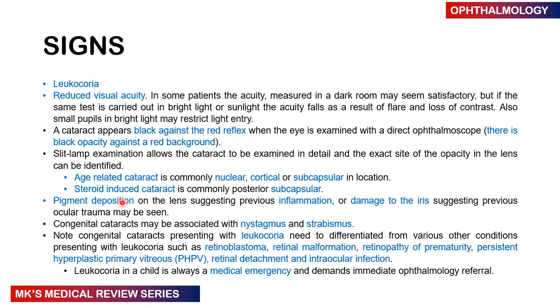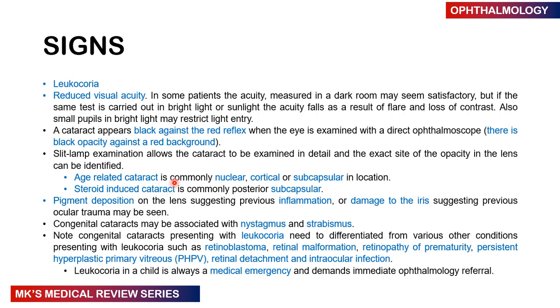Then, of course, the cataract appears black against the red reflex when the eye is examined directly with a direct ophthalmoscope. There is a black opacity against a red background. And then when you perform slit lamp microscopy, you may identify the location of the cataract, then the detail of the cataract.